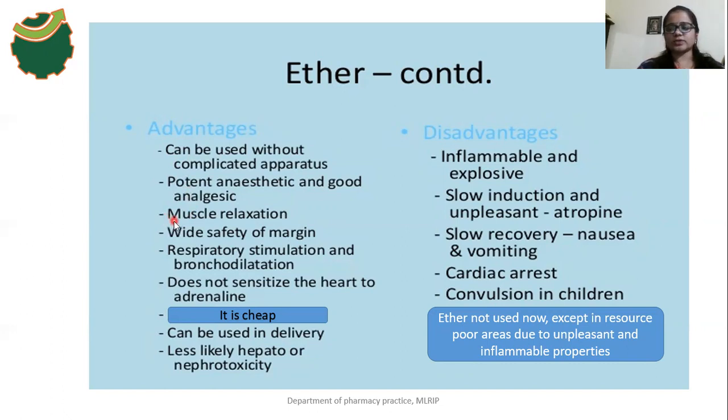It has a wide margin of safety, stimulates respiration, and causes bronchodilation also. It does not sensitize the heart to adrenaline, it is very cheap, it can be used in delivery, and it is less likely to cause hepatotoxicity and nephrotoxicity. These are the advantages of diethyl ether.